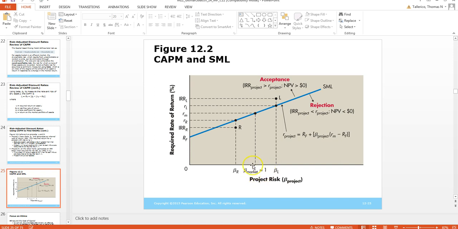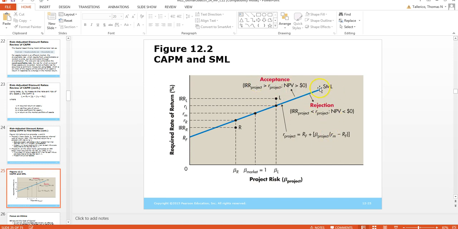So the beta is always 1, and right here's the beta for investment R, and here's the beta for investment L, right? And you'll notice the internal rate of return here is greater than for L, and here's the internal rate of return for R. So anything below the line you reject, and anything above this line you accept.